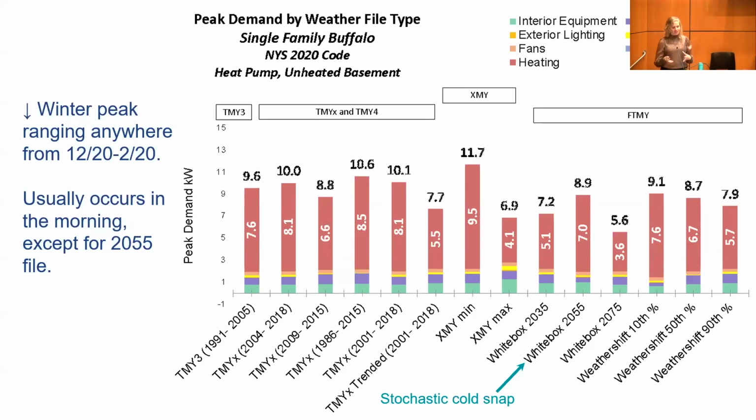This is just a result of the stochastic nature of the files: in that particular file, you had a real cold snap at a different point in the day. But again, same as the energy use intensity in general, as you're moving forward in time or to more extreme scenarios, you're seeing a significant decrease in the winter peak demand.